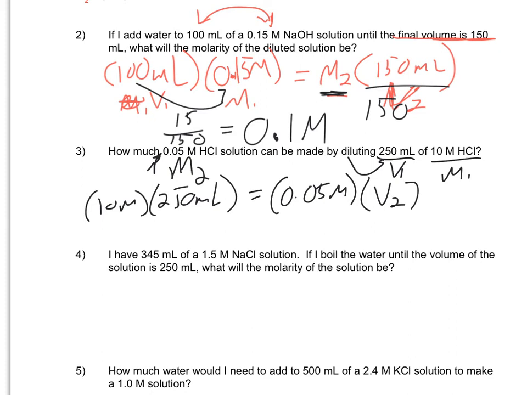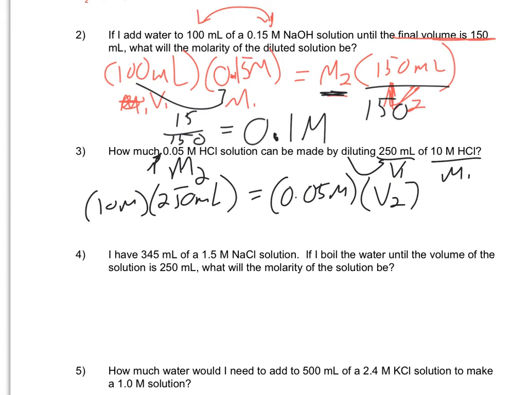Now, just kind of thinking through, sometimes with a lot of these problems you can sort of think through it, especially with something like diluting, right? If you're starting with something that has a concentration of 10 and you want to bring it down to a concentration of 0.05, which is really small, really low concentration, you've got to add a lot of water to it to dilute it down to where it's not concentrated.